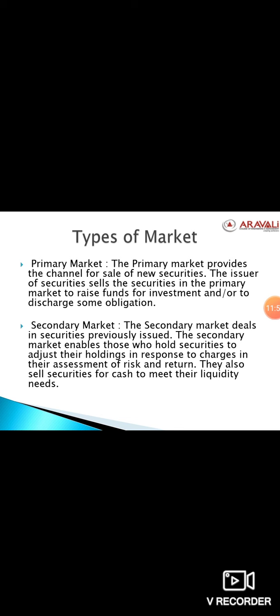It enables those who hold securities to adjust their holdings in response to changes in their assessment of risk and return. They also sell securities for cash to meet their liquidity needs.